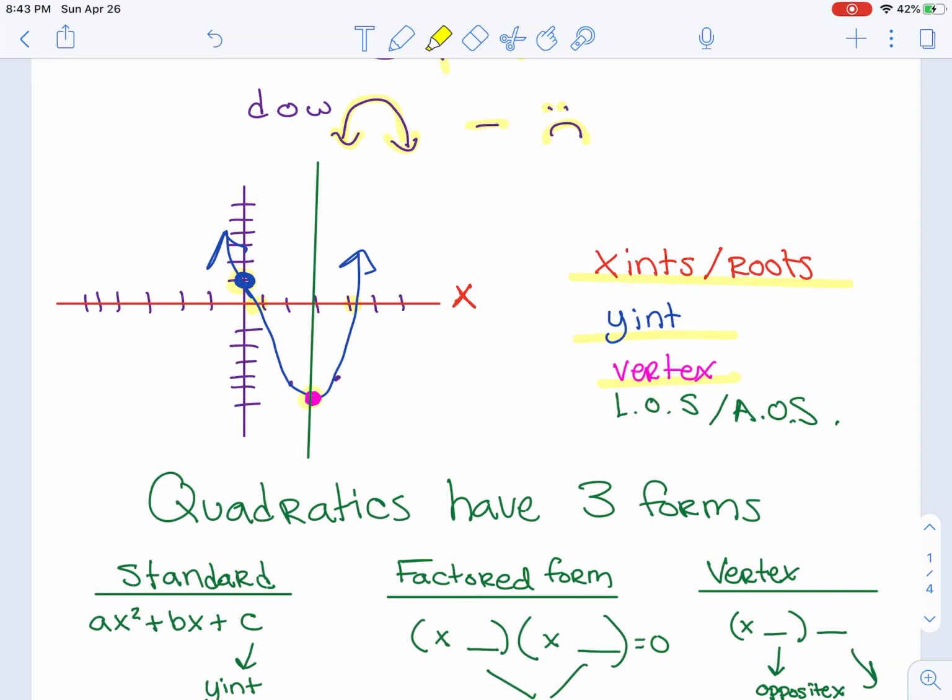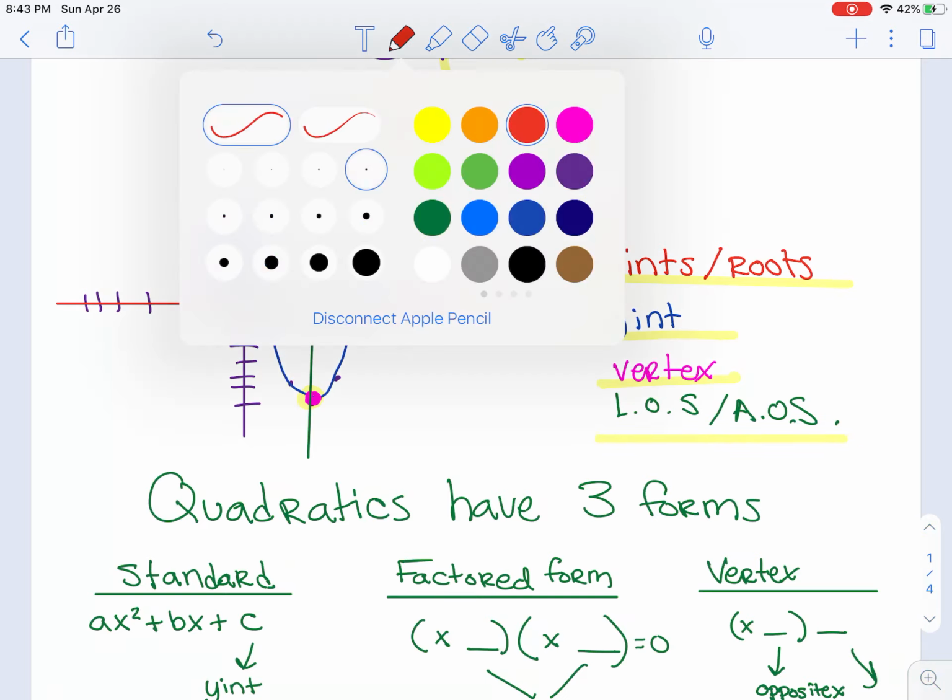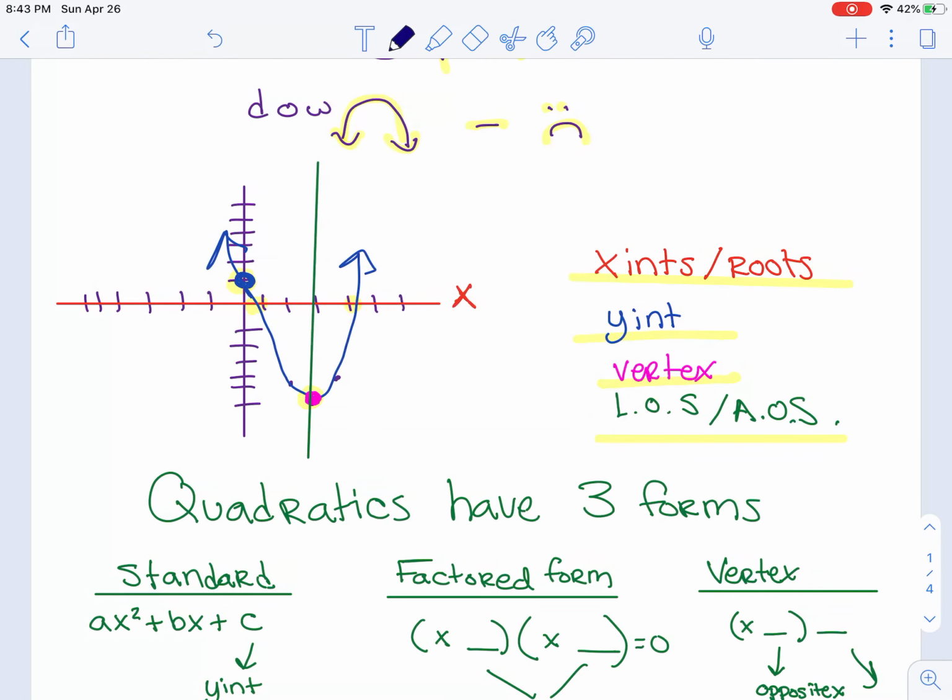We have the vertex, which is in the middle, on that line of symmetry. And then the 5th point that I'm adding in is that you have to be able to mirror the y-intercept. So that'll give us 1, 2, 3, 4, 5 important points.